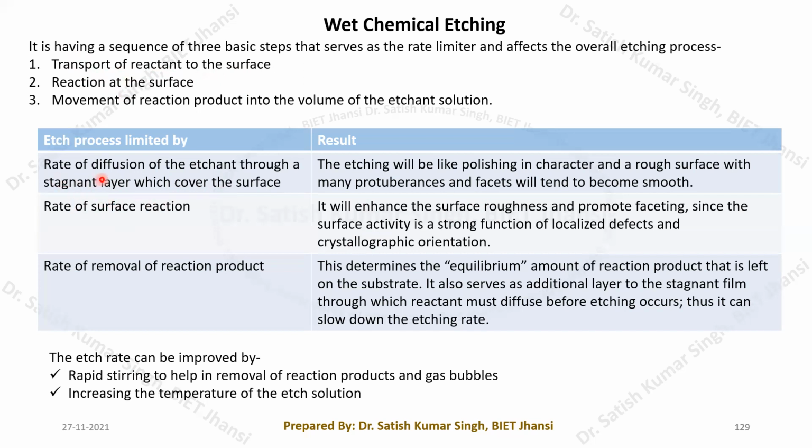or you can say the rate of diffusion of the agent through the stagnant layer which covers the surface, generally this etching will be like a polishing. Any rough surfaces that may have been created, or any protuberances, meaning some bulging surfaces, may arise when you expose these wafers to this chemical solution, due to the chemical reaction.